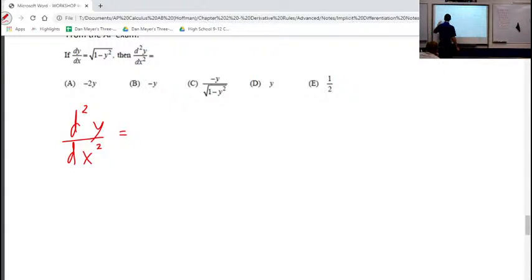All right. Derivative of square root of 1 minus y squared. Well, derivative of square root is going to be 1 over 2 times the square root of 1 minus y squared, 1/2 times the thing to the negative 1/2.